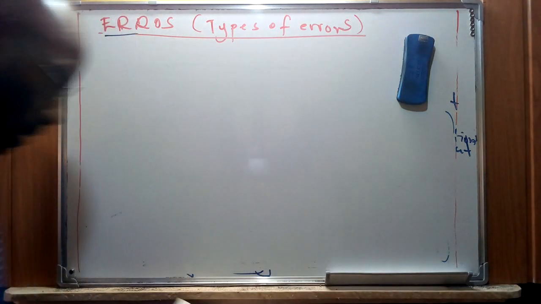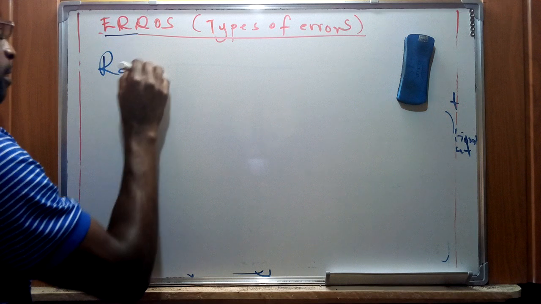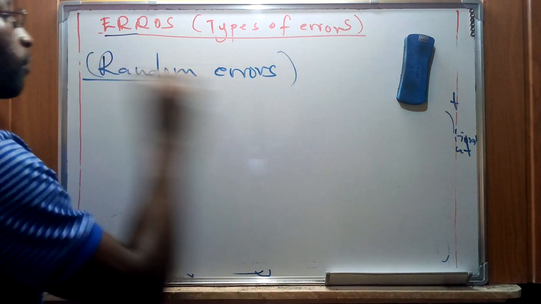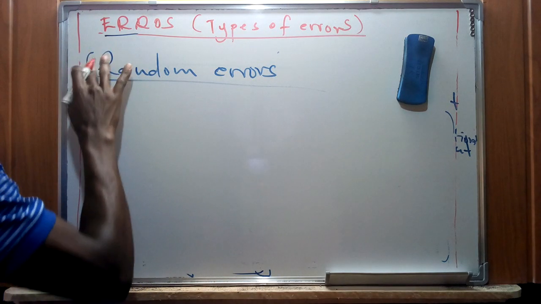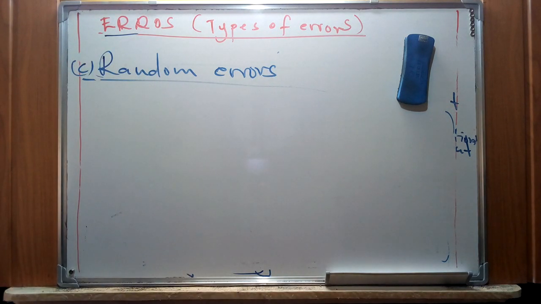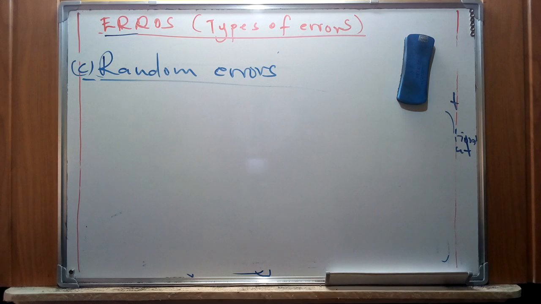And our last part, that is number C, is going to be the concept of random errors. So for random errors, we're going to see a situation whereby after correction of other parameters, which are causing the systematic errors and the gross errors, we still encounter some errors.